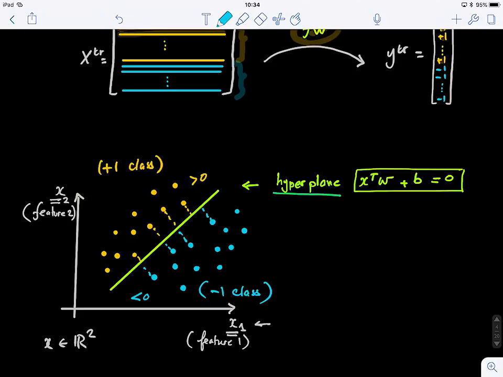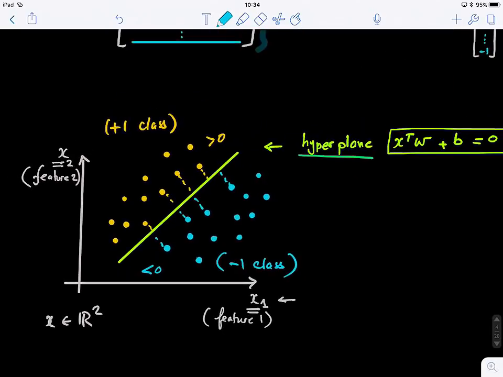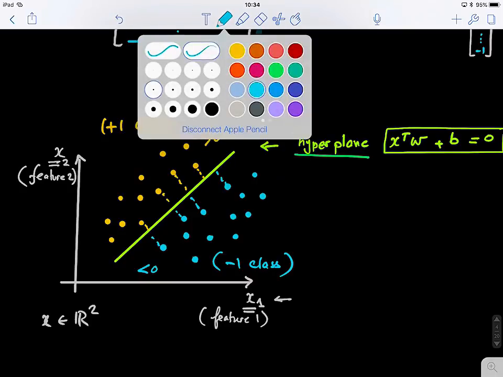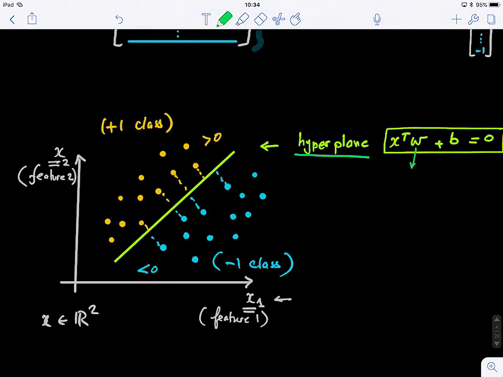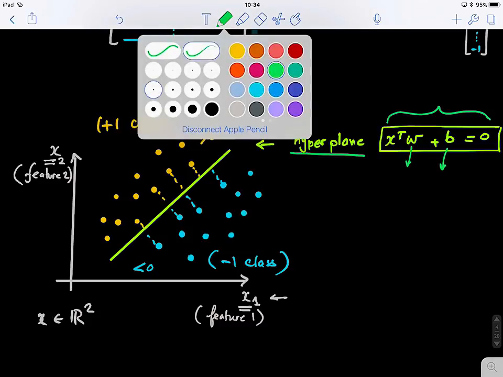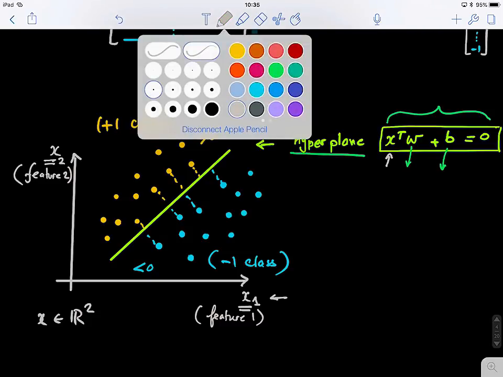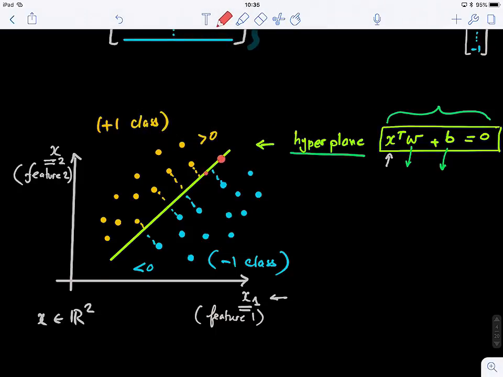In this example, our hyperplane has two parameters, w and b, and this is exactly the equation of a hyperplane: x^T w + b = 0. All points x belonging to this hyperplane lie on this line, so they satisfy this equality.